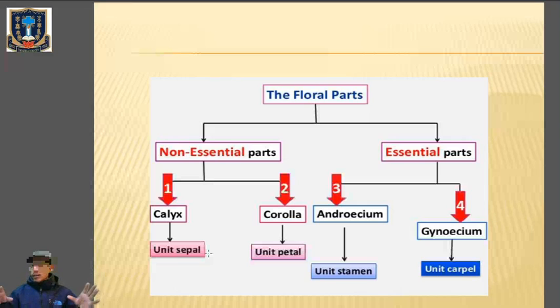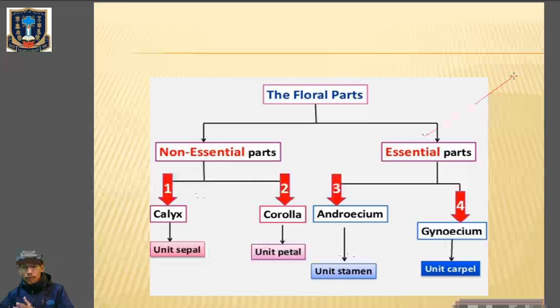They are not directly involved in the process of reproduction, but they simply help in this process. So they are called the non-essential part of a flower. On the other hand, you can see the essential part of a flower. The essential part is divided into androecium and gynoecium.